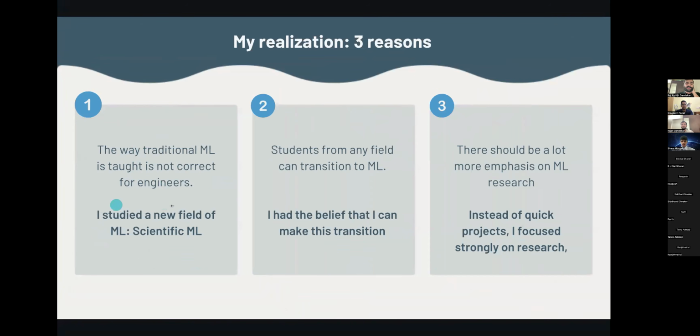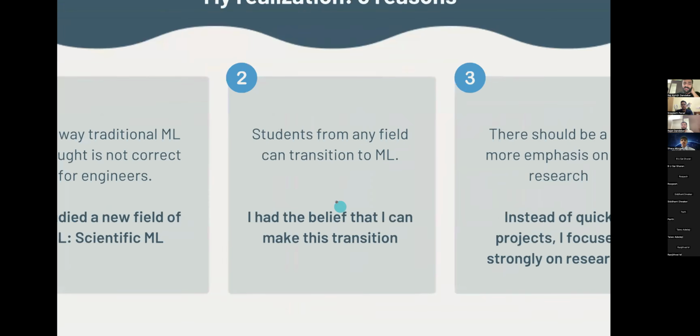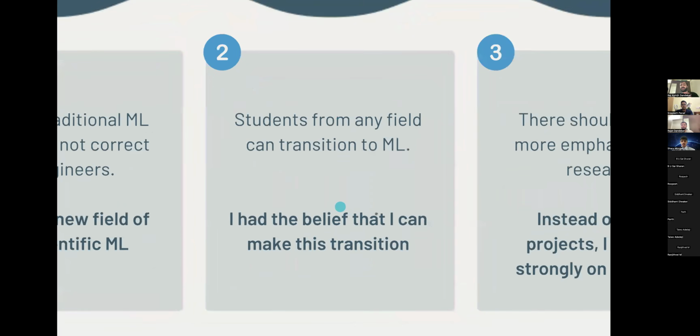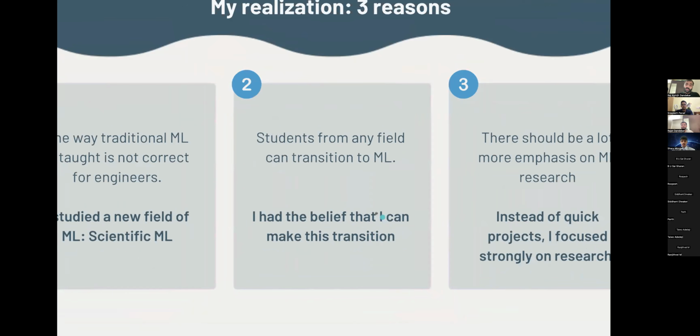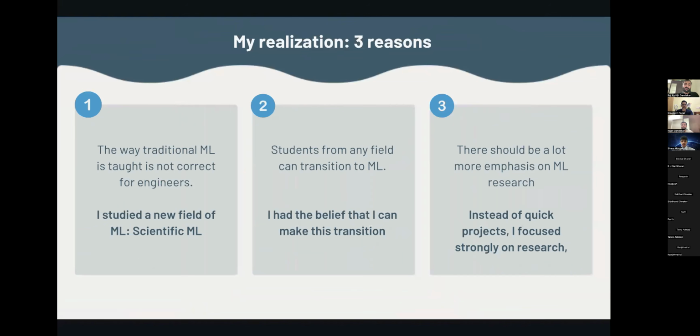That's why I studied a new field of scientific ML. I stumbled upon this field accidentally, but now I realize that, due to that accident, it really was a blessing for me. The second thing is that I had the belief that I could make this transition. You need someone to give you that belief. Only if you have the belief might the transition be possible.